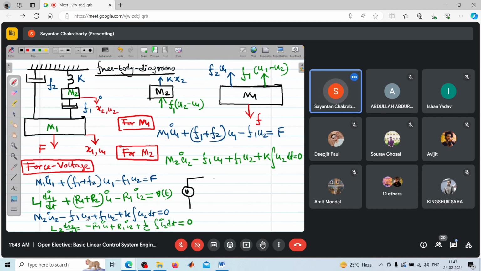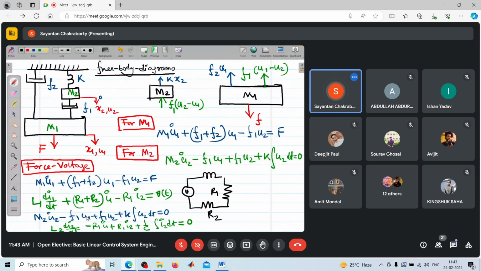So this is your resistance R1, and R2 resistance only carries current I1, and the inductor L1 carries current I1 only.